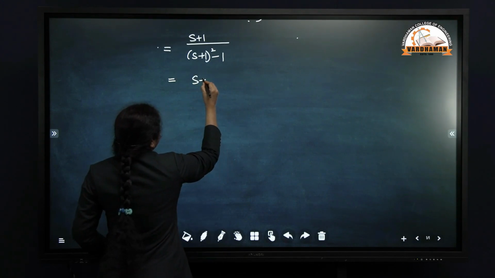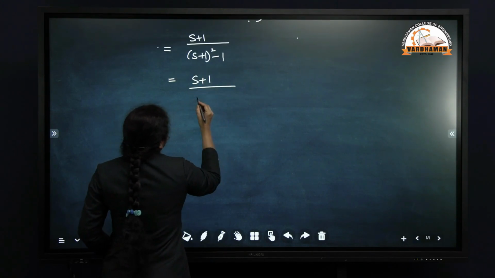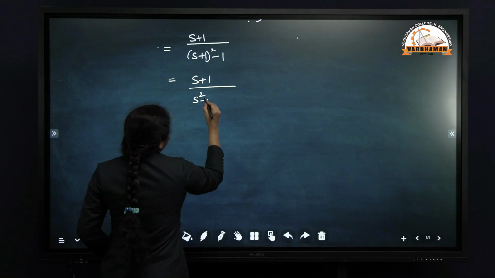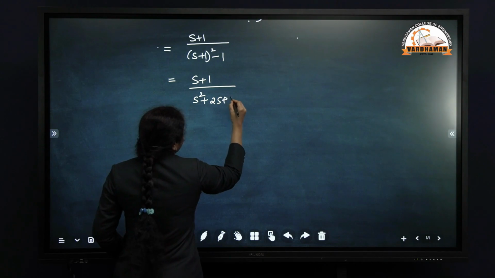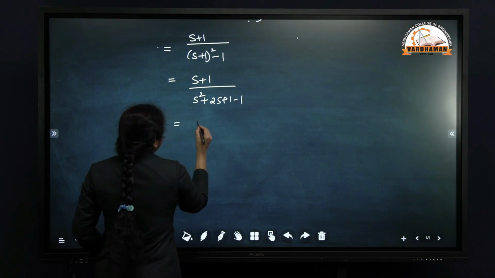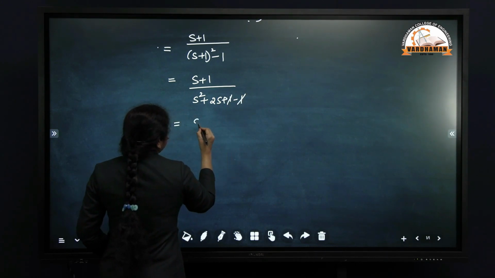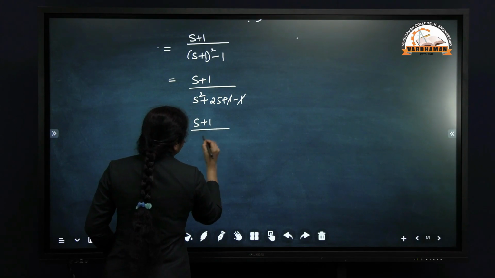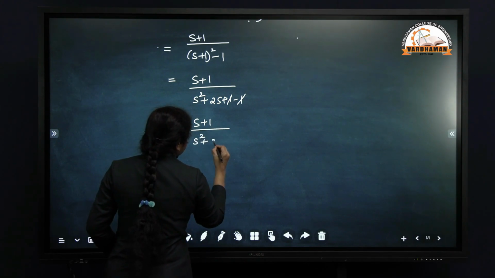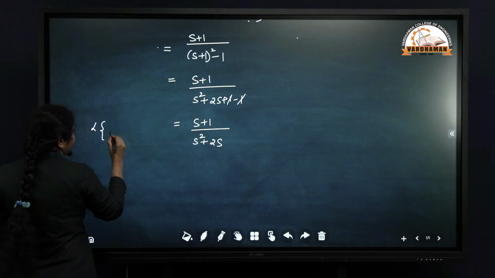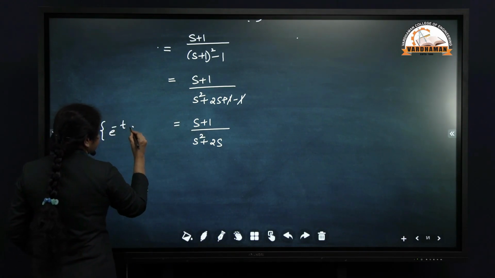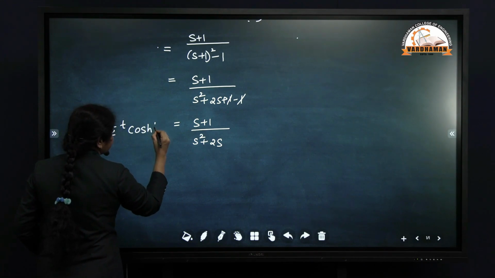After simplification we get s plus 1 by s square plus 2s plus 1 minus 1, and after cancellation we get s plus 1 by s square plus 2s, and this is the Laplace transform of e power minus t into cosh t.